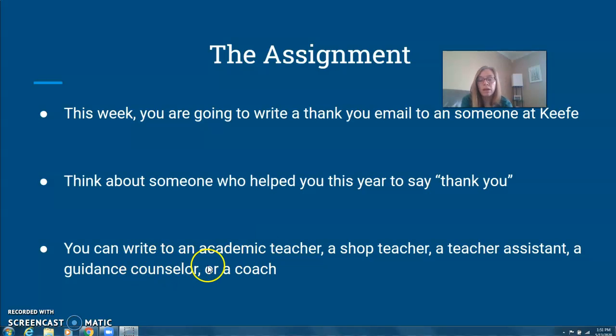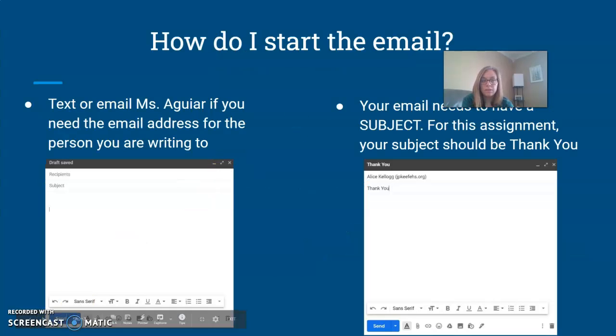You can write to an academic teacher, a shop teacher, a teacher assistant, a guidance counselor, or a coach.